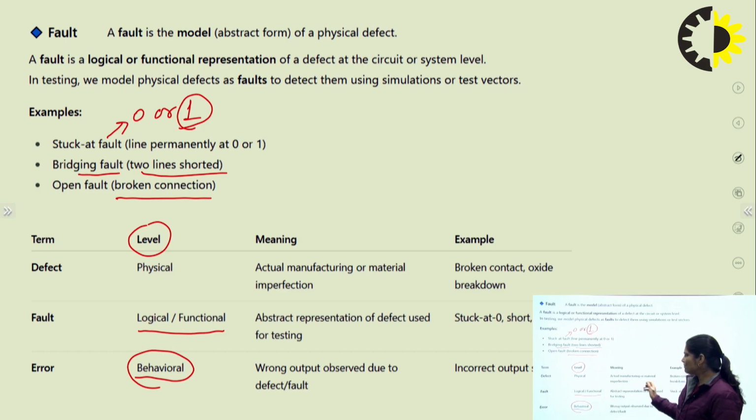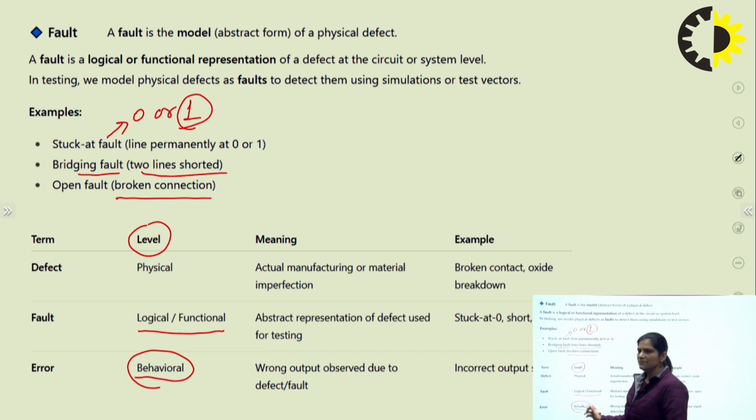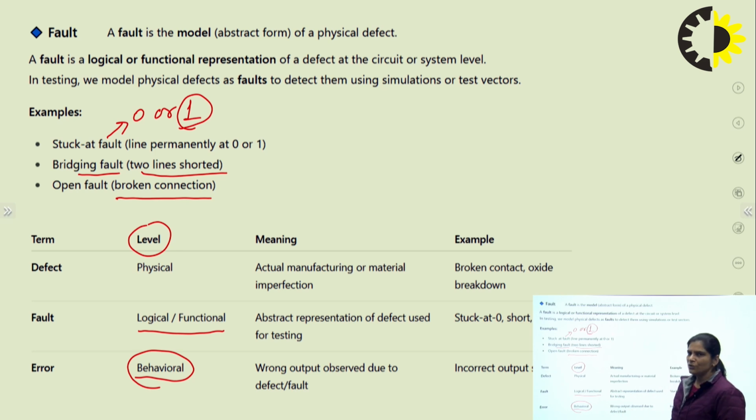Defect is an actual manufacturing or material imperfection. Fault is an abstract representation of a defect used for testing. Error means a wrong output in place of the actual one. If your output should be 1 and you are getting 0, then there is an error, a wrong output observed due to a fault or defect.